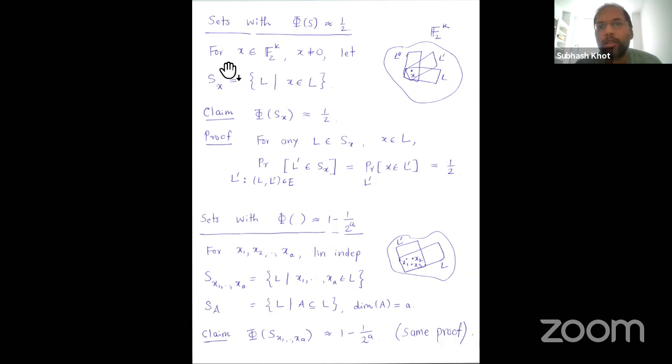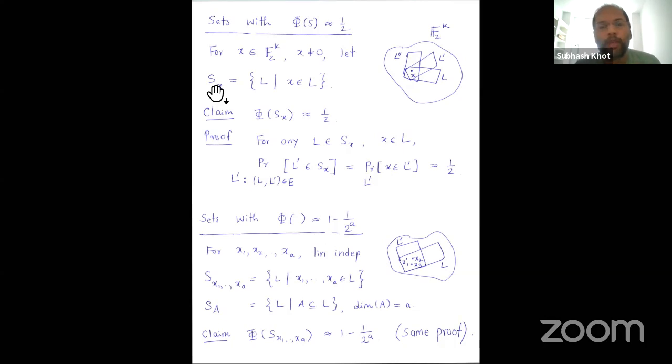Okay, but let's quickly go over them again. So here is a set S whose expansion is essentially 1/2. You can pick any non-zero point x in the space F2 to the k, and let S sub x be all spaces L which contain the point x. Just to be clear, this set S sub x is a set of vertices in the Grassmann graph.